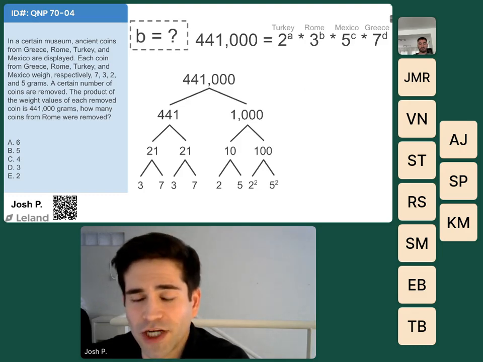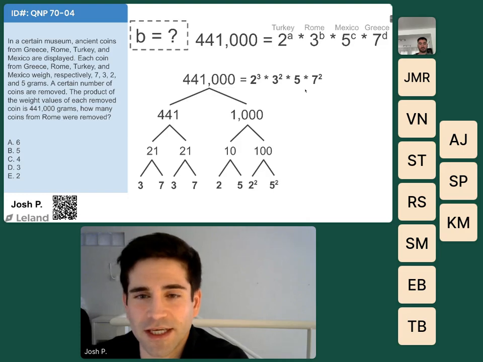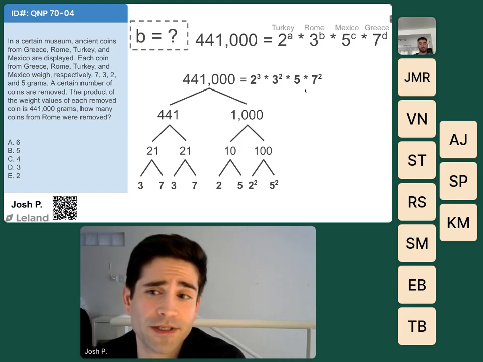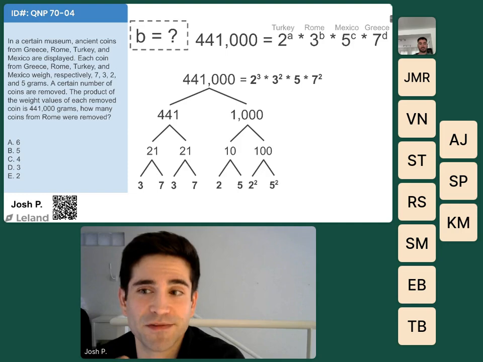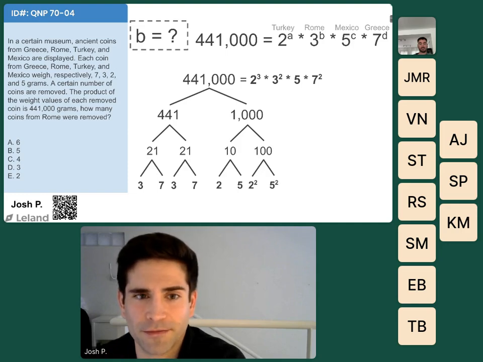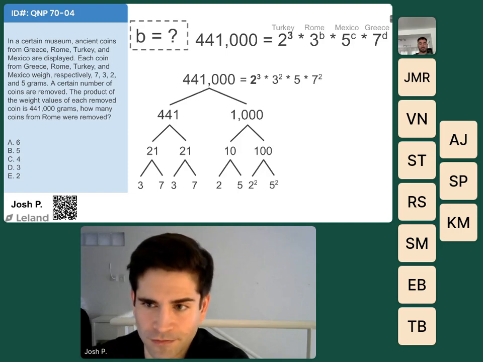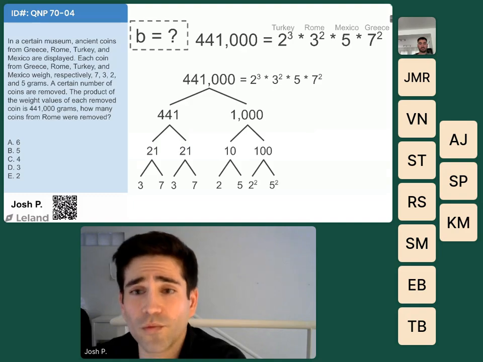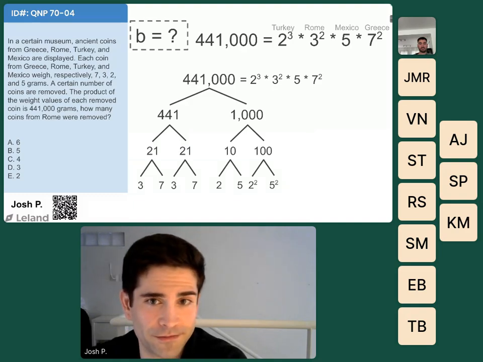So 441,000 is equal to 2 cubed times 3 squared times 5 times 7 squared. Thus, 2 Roman coins must have been removed.